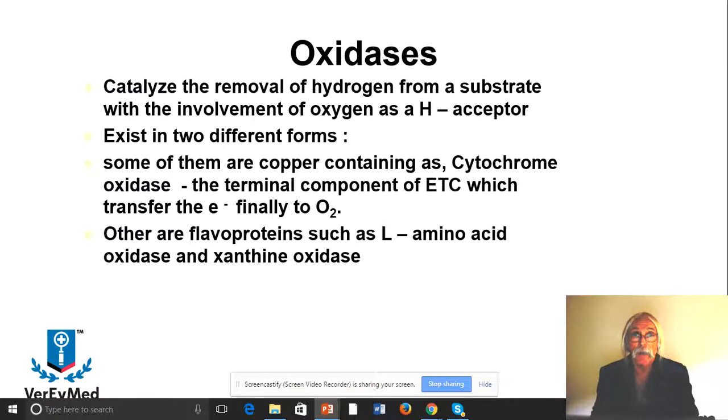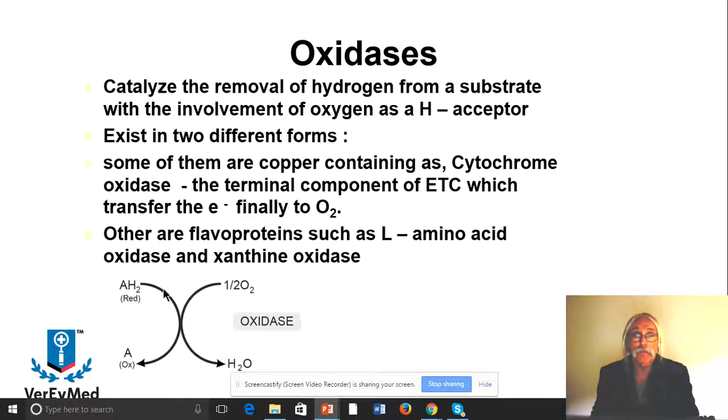Okay, those are organic compounds that are involved as electron acceptors. Common among those are L-amino acid oxidases and xanthine oxidases. So the metabolism of amino acids, the oxidation of amino acids, and also nucleotide oxidation, purine nucleotide oxidation.